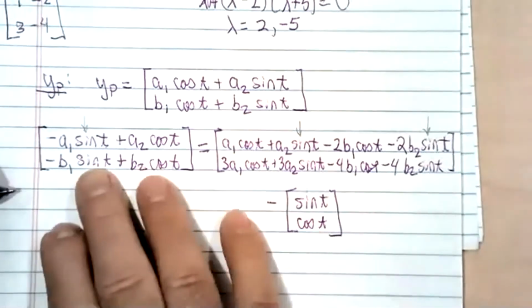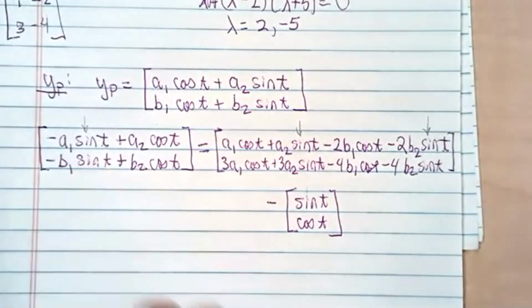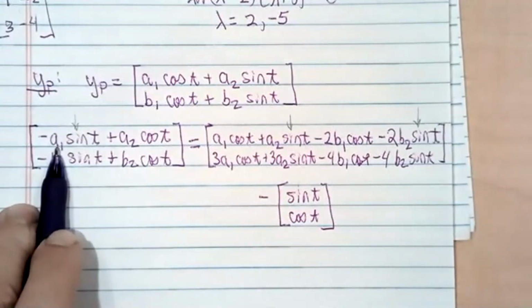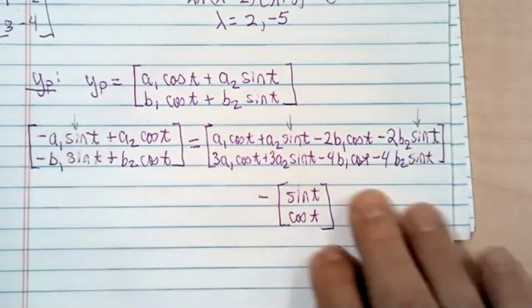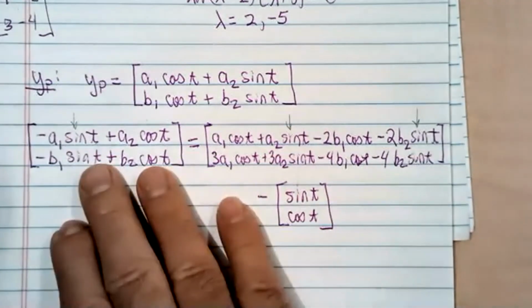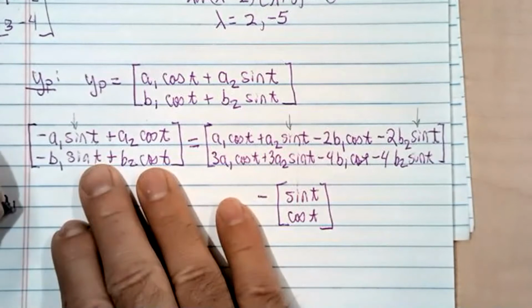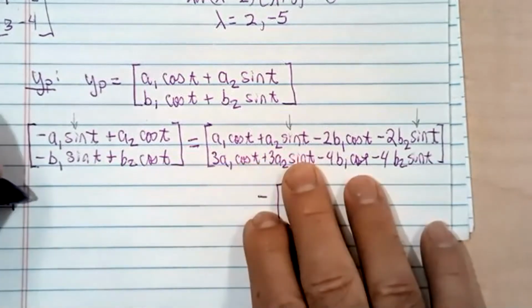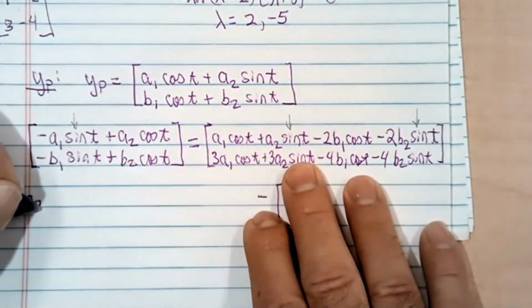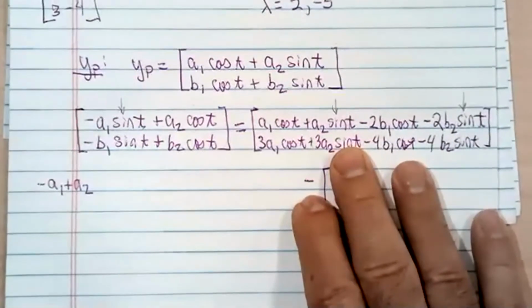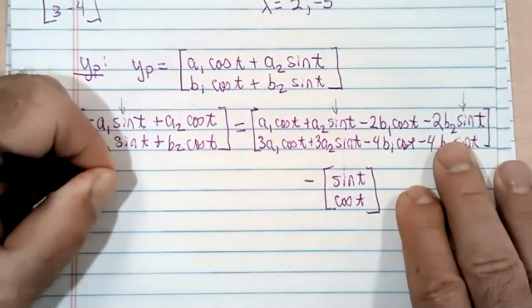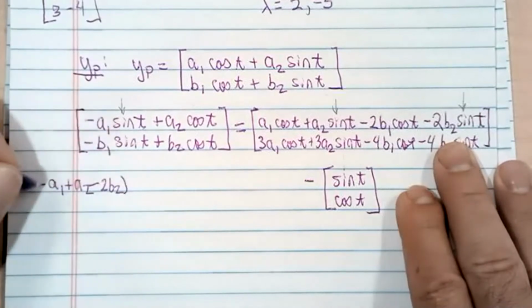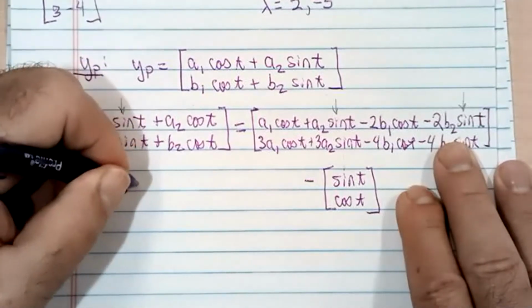So gathering up my sine terms, I've got minus A1 plus A2 minus 2 B2. Minus A1 plus A2 minus 2 B2, all that multiplies sine t.